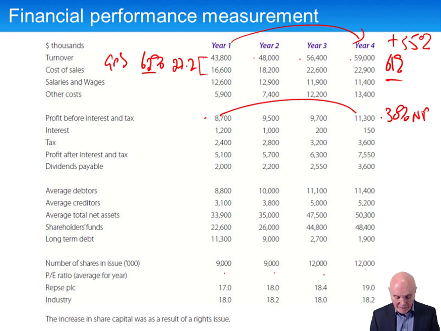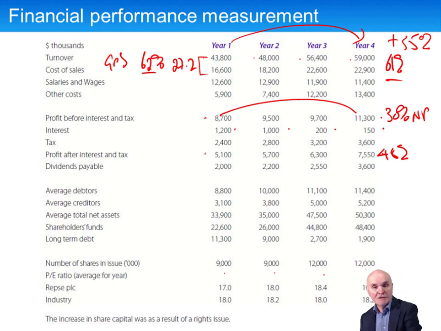We look at the profit after interest and tax, 5.1 up to 7.55, so 7.55 minus 5.1 divided by 5.1, it's a 48% increase. And the main reason for that very large increase is, of course, that the interest has fallen away.